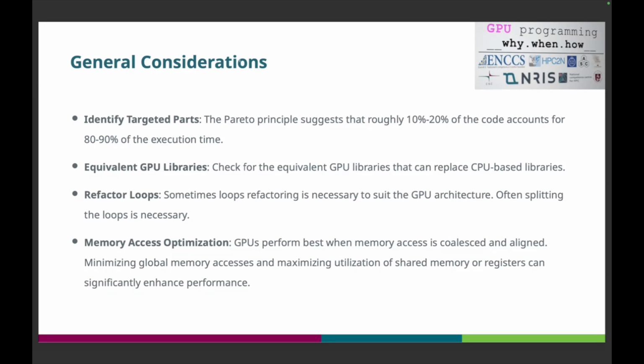We can check what optimizations we can do, and I think the biggest optimization one can do to a GPU code is improving the memory access, trying to use shared memory, and also trying to ensure that the resources of the GPUs are used in such a way that at all times the GPU is busy doing calculations.